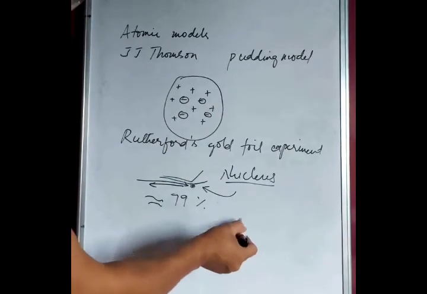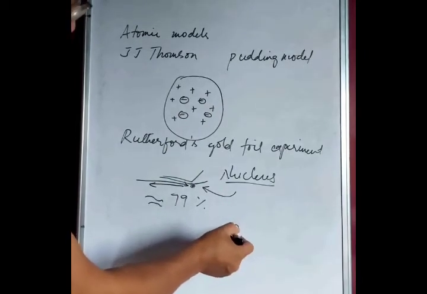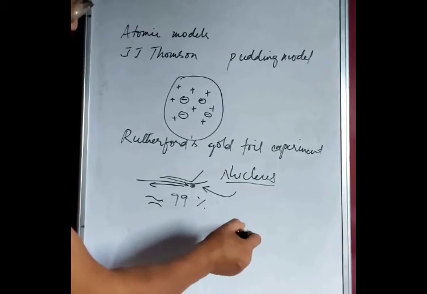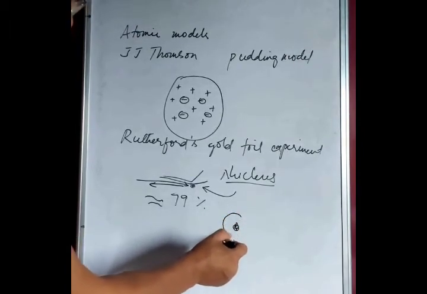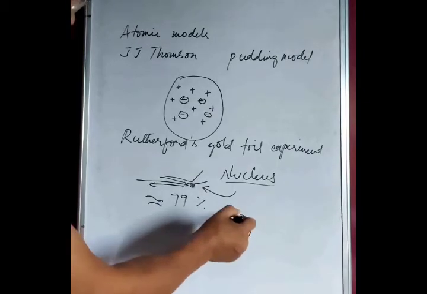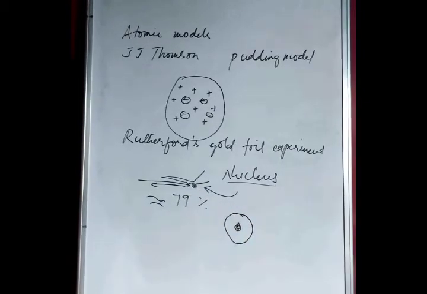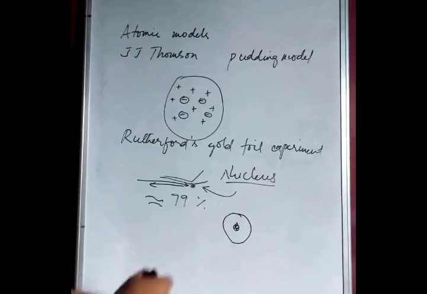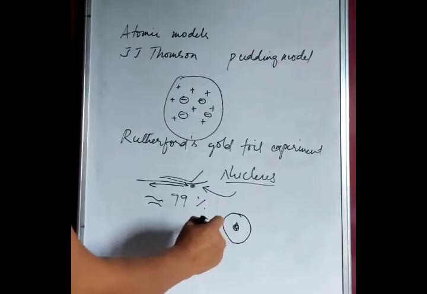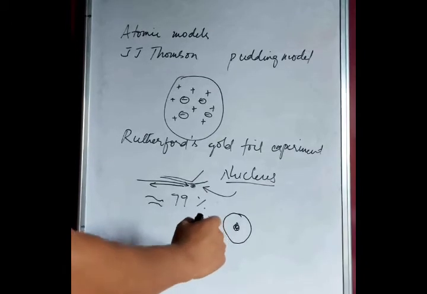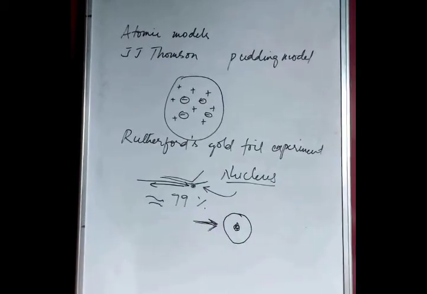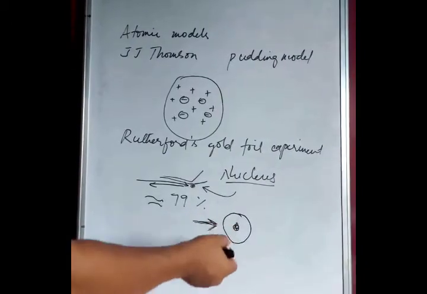So he suggested that the protons and the neutrons reside inside the nucleus, and the negatively charged electrons were revolving around them. That's what he proposed. But there were some drawbacks in his theory, his model of the atom.